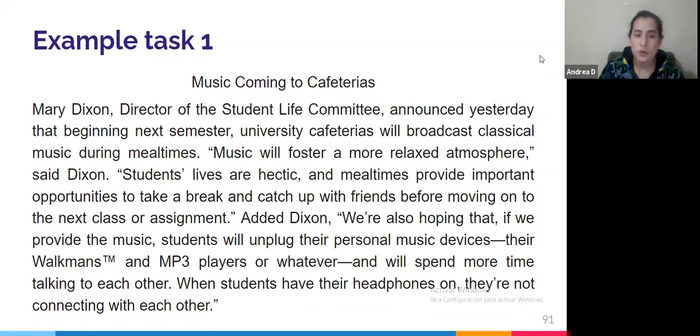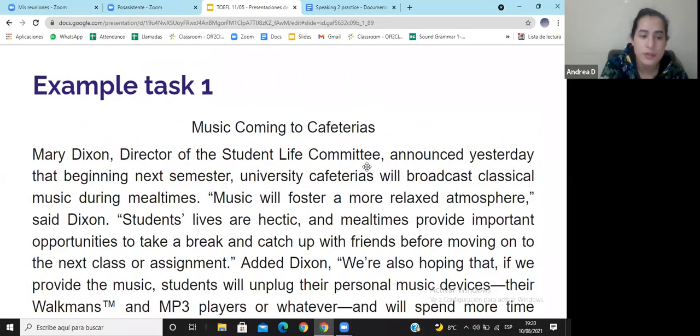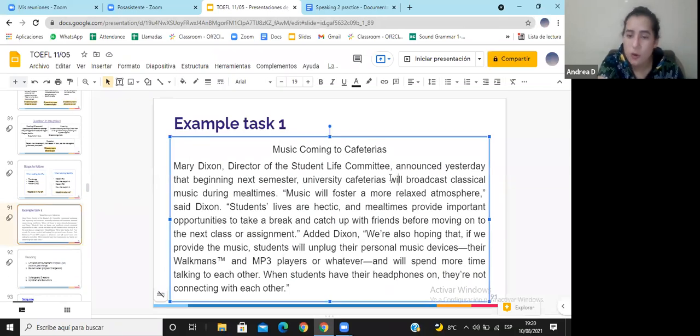Good, that's it. Yeah, so they're gonna be playing classical music in the cafeterias. So if we have to choose a phrase, I think it'll be this one. So they will broadcast classical music during meal times or play classical music in the cafeterias.